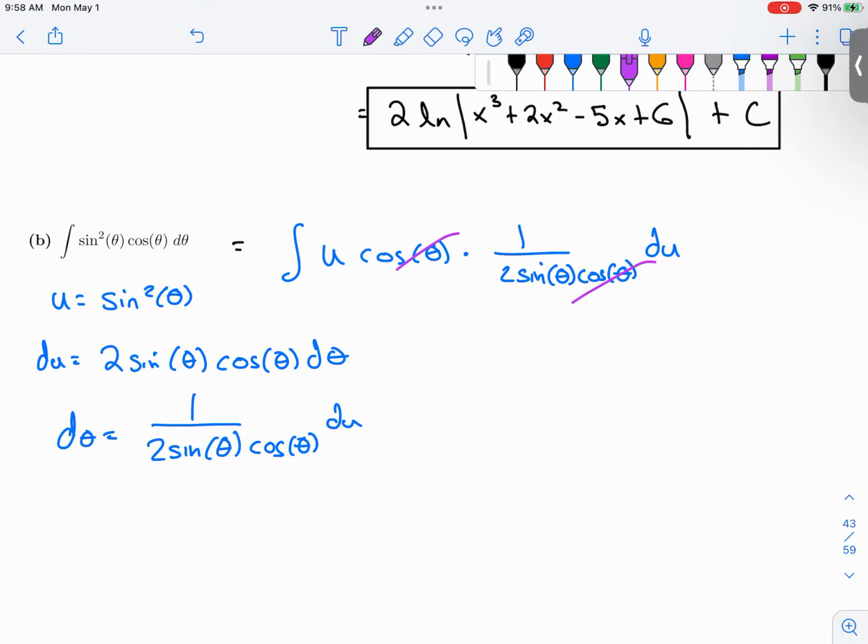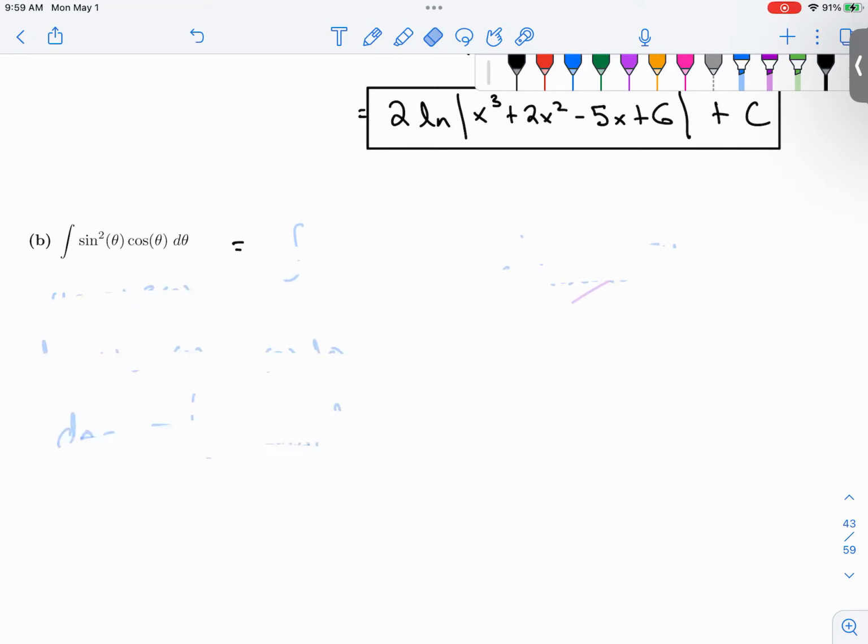There is a thing called reverse engineered U substitution, which we'll talk about soon, that might be able to solve it this way, but we don't have that terminology yet, so we won't do this, but it could work out. But the correct choice would be u equals sine theta.